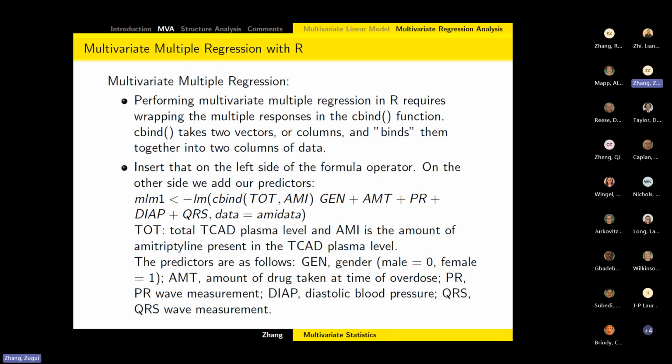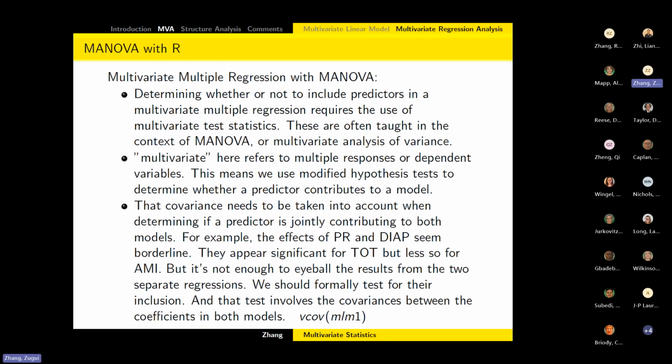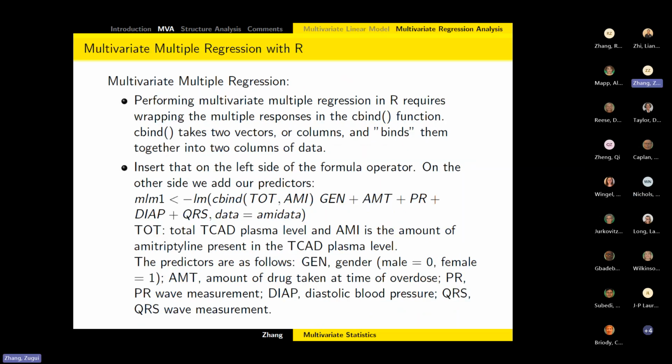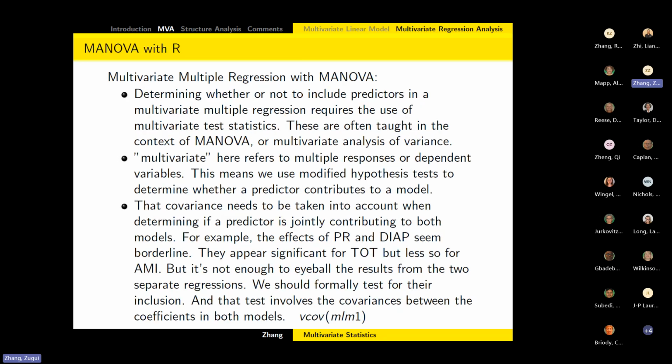We need to use the lm function, with the same command, to put all of the outcomes together and then run the model. If we would like to get the MANOVA results, just using lm will not generate them automatically, but we need to use another function, like vcov, for the model to generate the MANOVA.